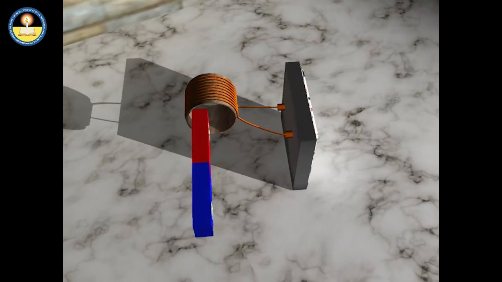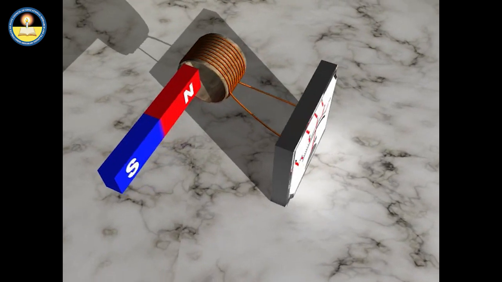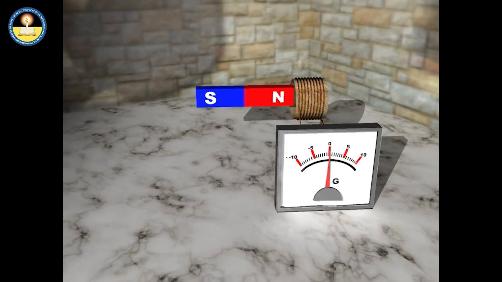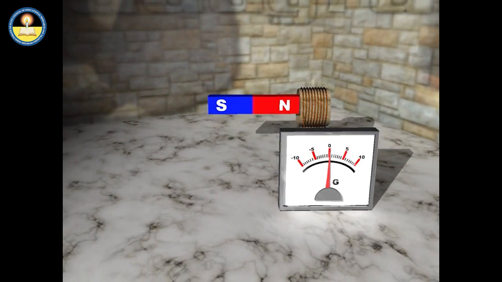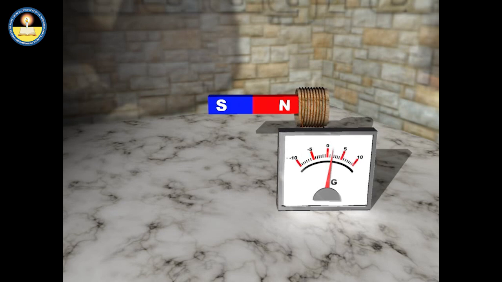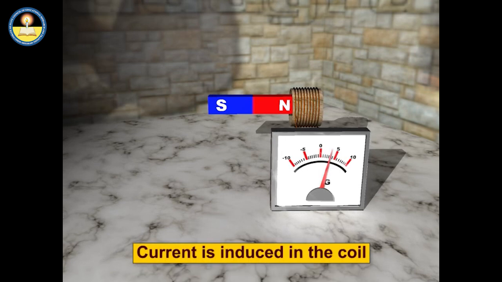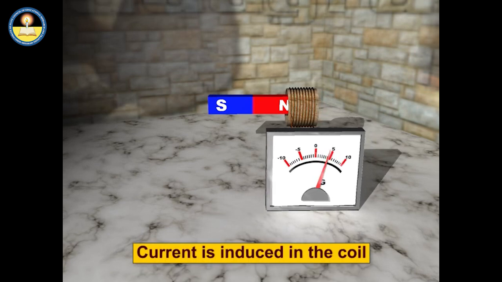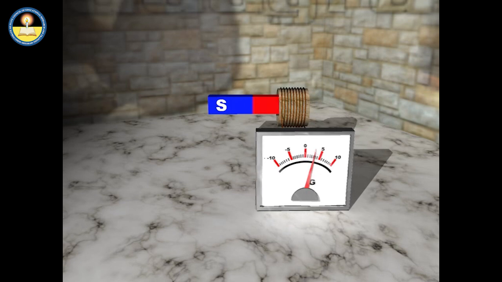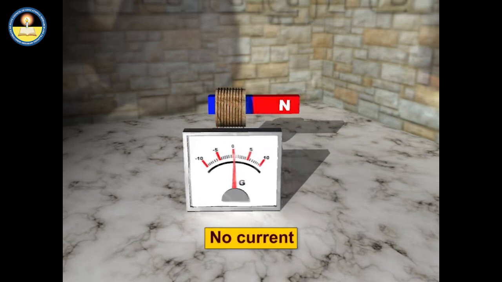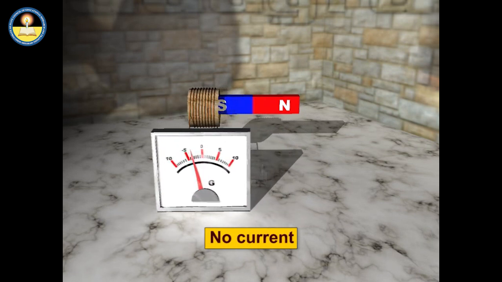Let us see another situation in which the magnet remains stationary while the coil moves back and forth. When the coil is approaching the magnet, the galvanometer suddenly deflects in one direction. This shows that some current is induced in the coil, and the deflection decreases to zero as the coil moves away from the magnet in the same direction.